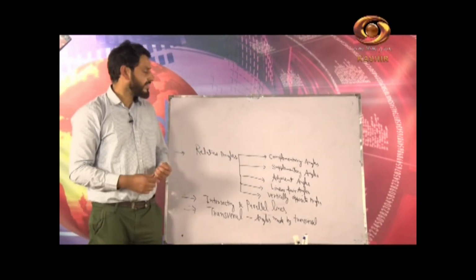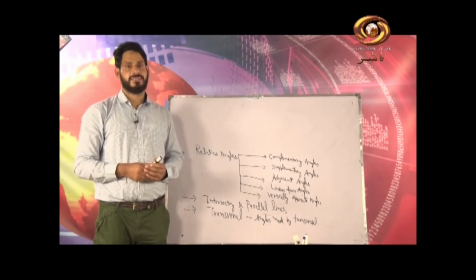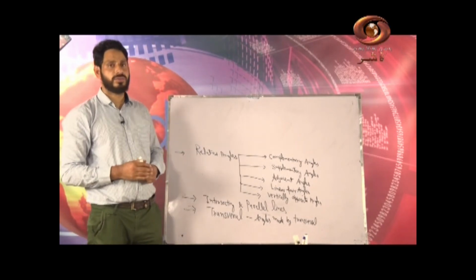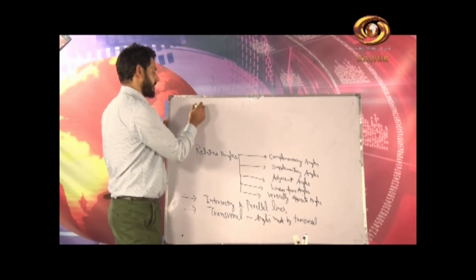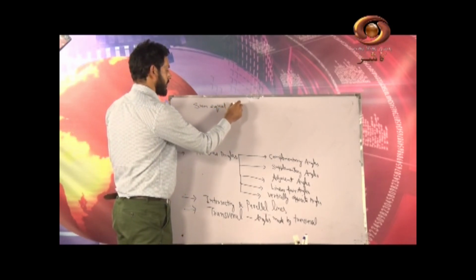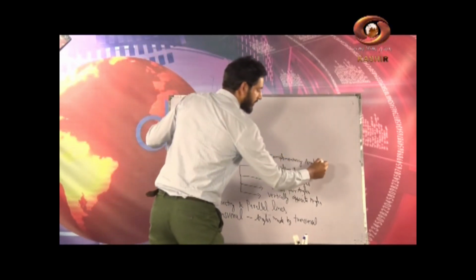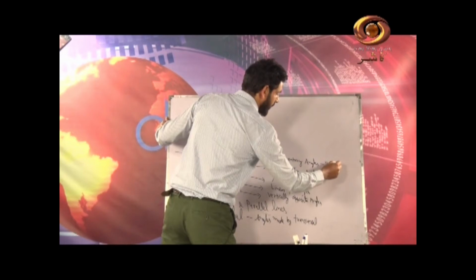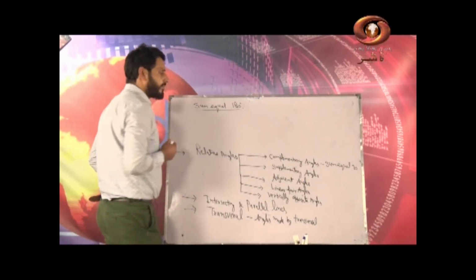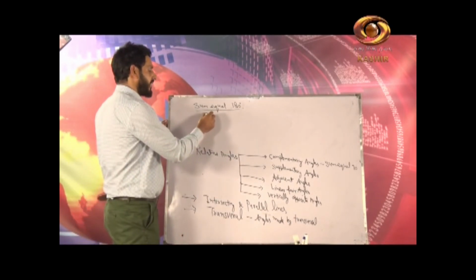Next, in this category, on similar patterns to complementary angles, we have supplementary angles. Supplementary angles are those angles whose sum is equal to 180. Earlier we said sum equals 90; now if I say sum equals 180, they are supplementary angles.